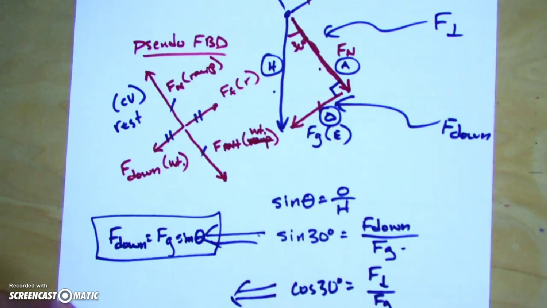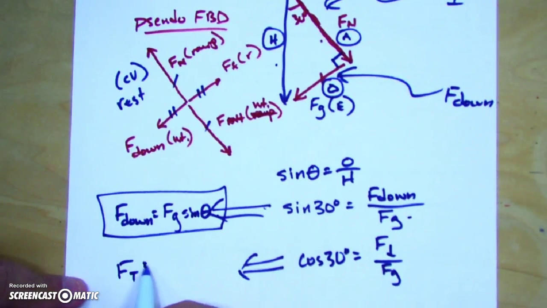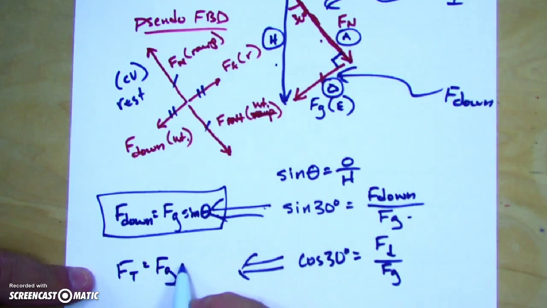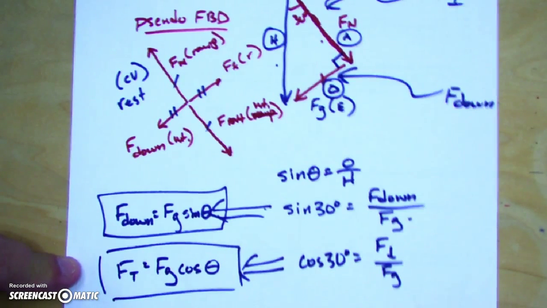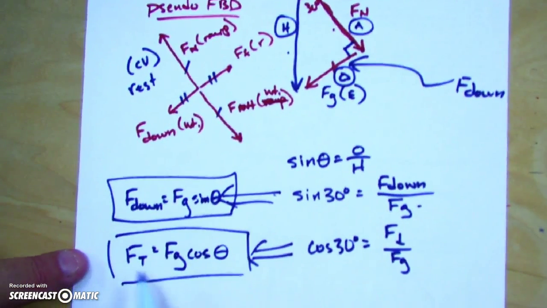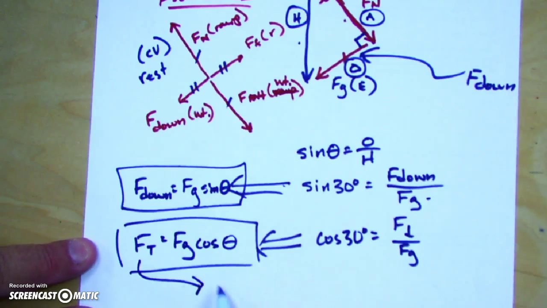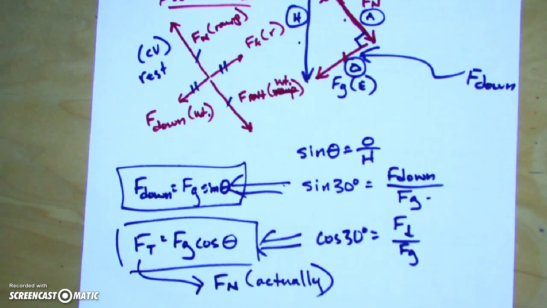Presto change-o, algebraic math, and I get that the force perpendicular is equal to FG times the cosine of theta. So what that allows me to do is resolve it into its different parts. And of course, F perpendicular is really Fn. Numerically, it's in the opposite direction due to Newton's third law.